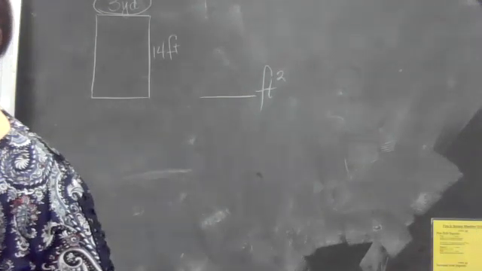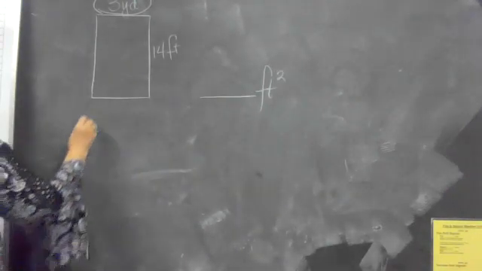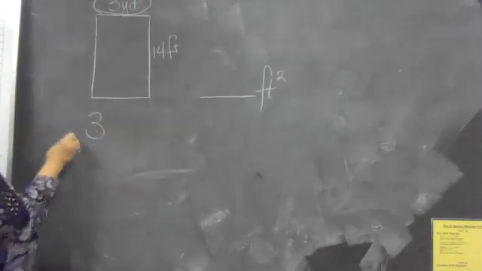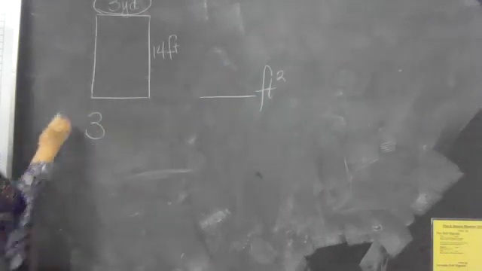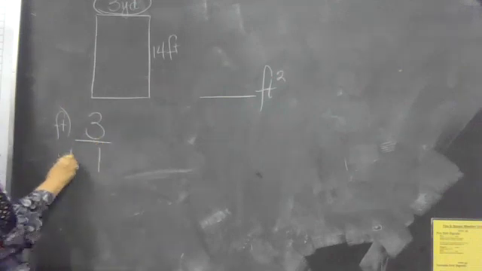Look on your conversion chart, and you're going to find the one that matches the yards to the feet. Did you find it? Yards to feet. It's the third one down. So it says 3 feet equals 1 yard.